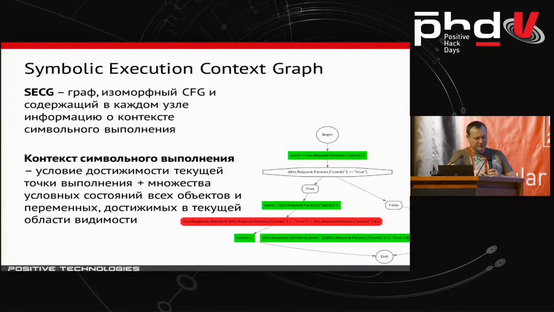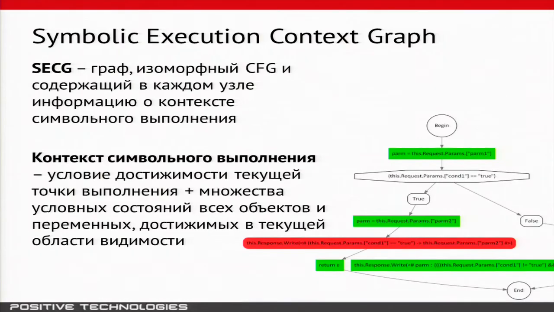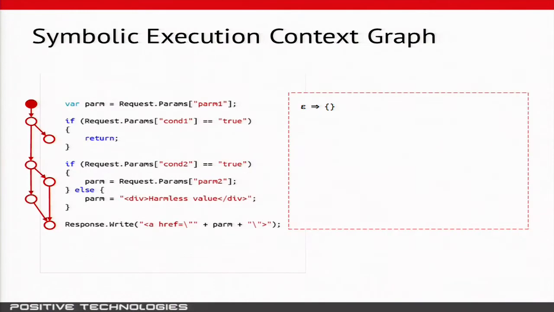The condition of achieving, so under what condition we get to this point, and many values of all the variables and conditions of the objects that are achievable for this point. It's very difficult to understand what it means. There is a simple code, and I can just show you as an example.